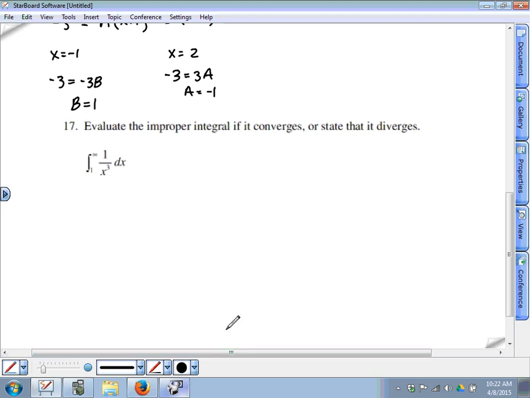Okay, improper integrals. These, if they converge, then the area under the curve can be found using a limit. So if the upper bound is infinite, then it's the limit as b approaches infinity of the integral from 1 to b rather than 1 to infinity.